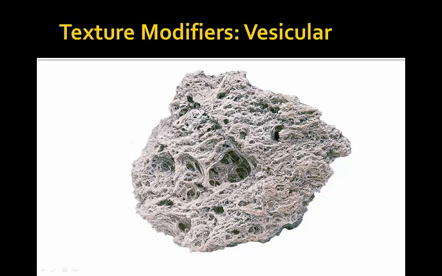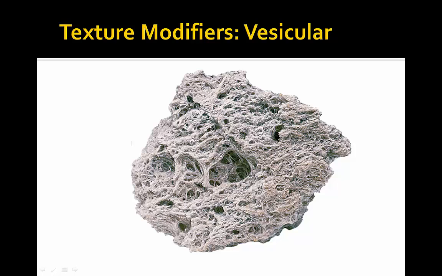Now your book uses the term texture to refer to a couple other terms, vesicular and pyroclastic. But those aren't truly types of texture, they're actually texture modifiers. So vesicular refers to all the little holes that can form in some rocks. Here you have a piece of pumice. And the texture of pumice is actually going to be glassy because it's going to cool in the atmosphere.